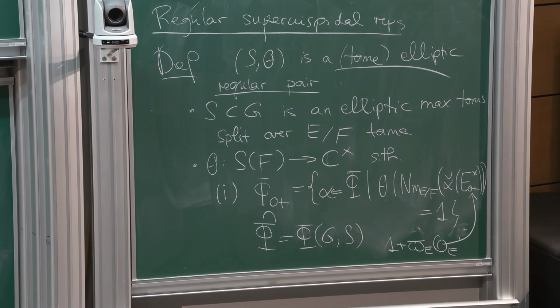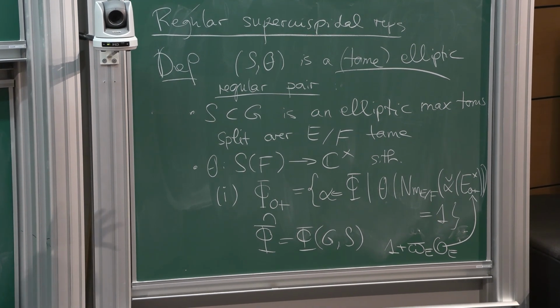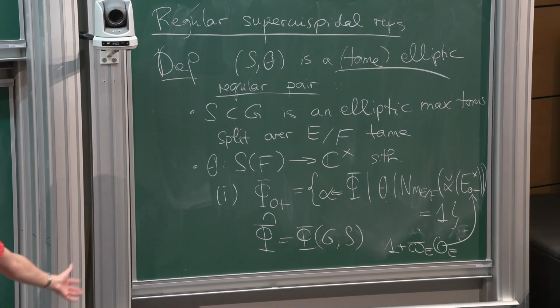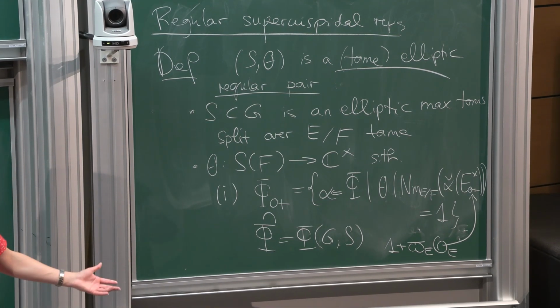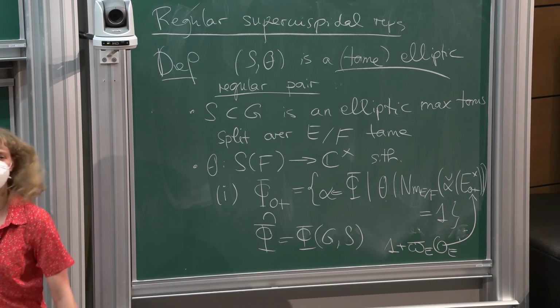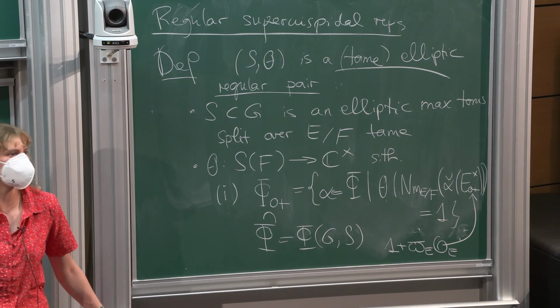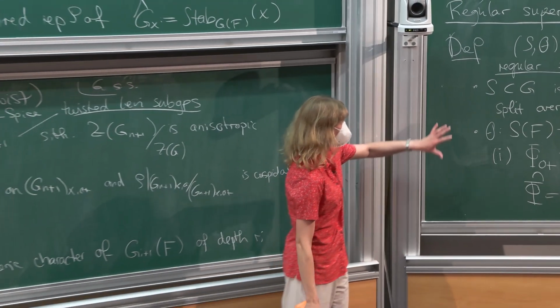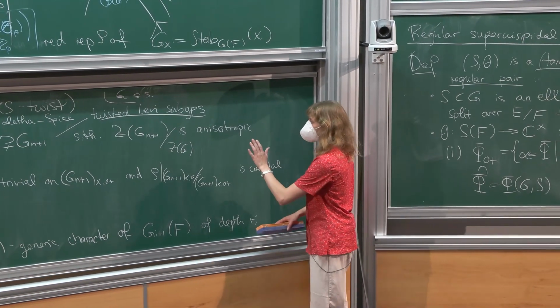All right, and now what we need to do is we have this elliptic regular pair, and we want to construct supercuspidal representations from it. Well, we know how to construct supercuspidal representations. Just give such an input, and then we perform JKU's construction. So what we need to do is take this and construct that.